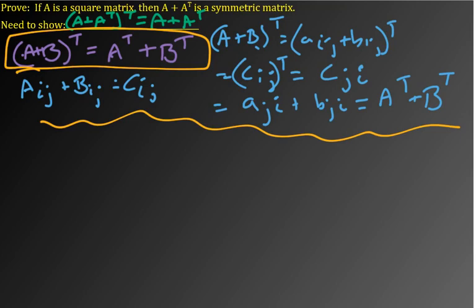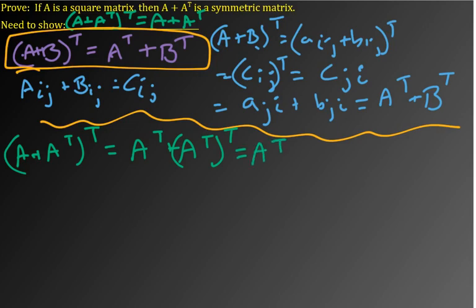We start with A plus AT, and I'm going to take the transpose of it. And then we could just say by that thing I boxed up there, and if I was writing it out really formally, I would add some words like by lemma. So if I take the transpose of a sum like that, I can in a sense distribute the transpose. And then if you do the transpose of a transpose, you just cancel, right?